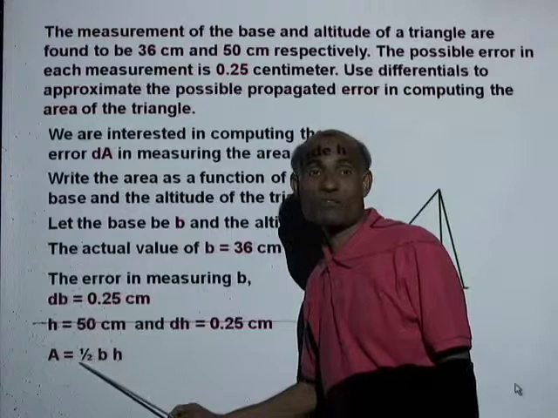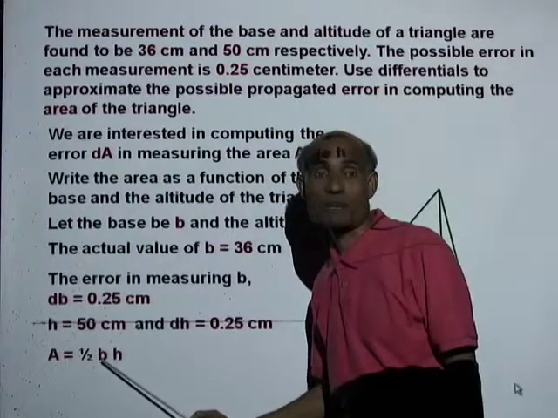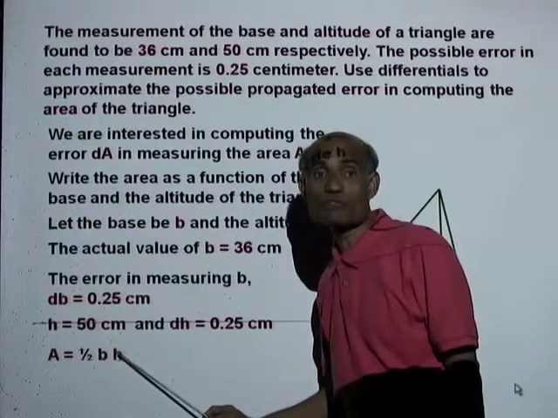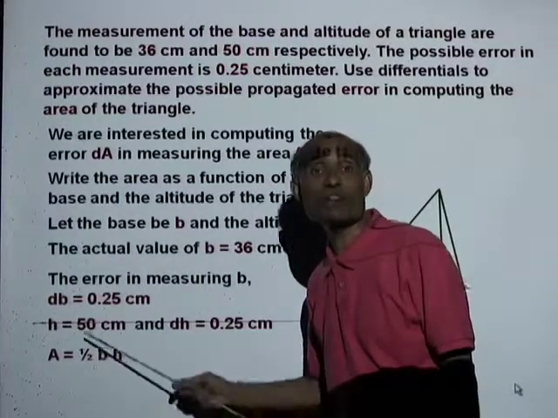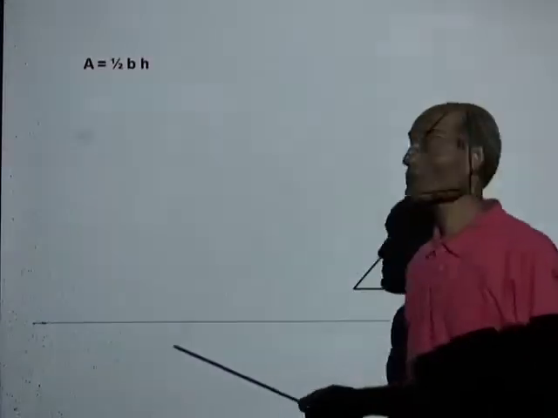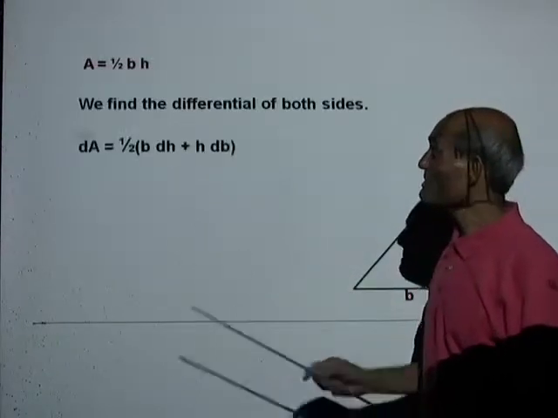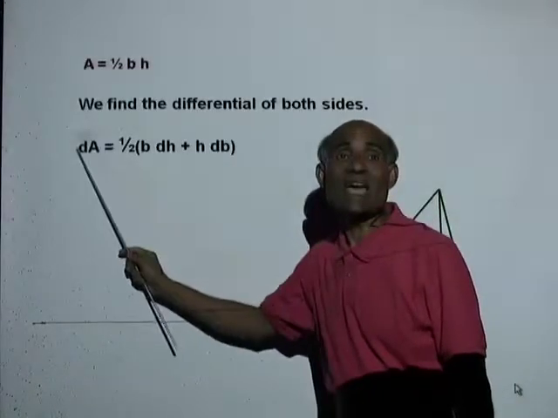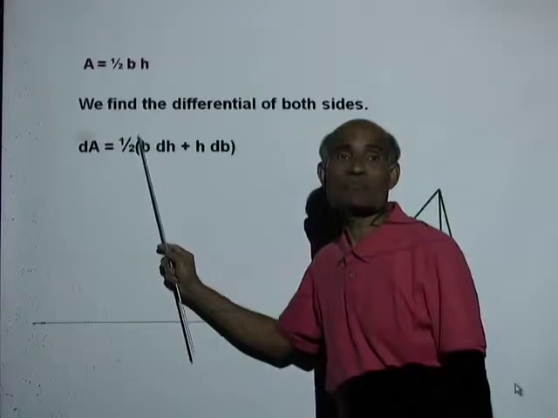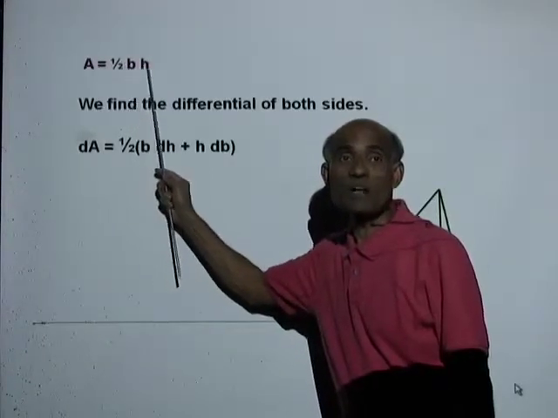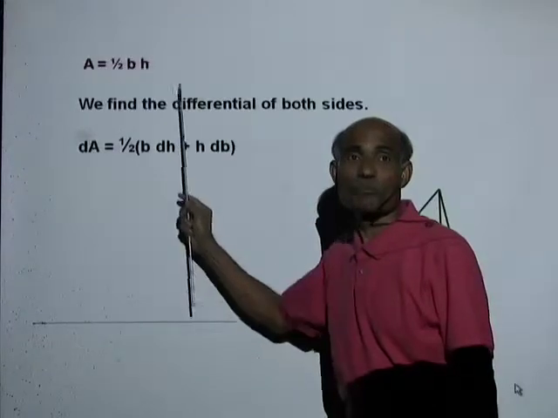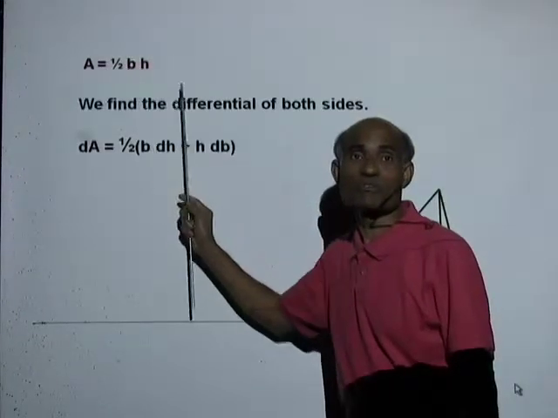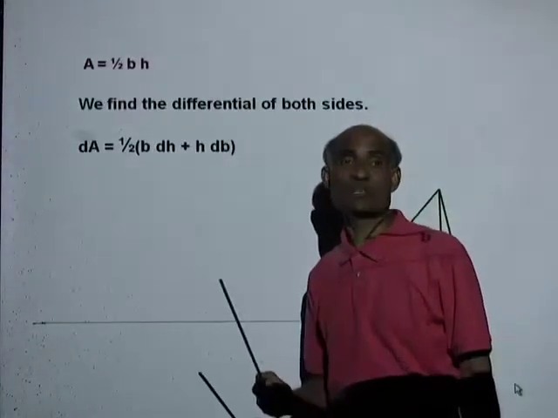The right side, the differential will be 1/2 times b times the differential of h plus h times the differential of b. That's right. So finding the differential, we get dA equal to 1/2 times b times dh, plus h times the differential of b, that is db.